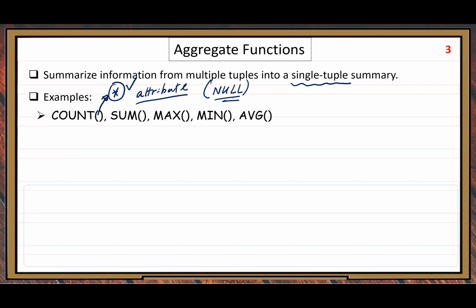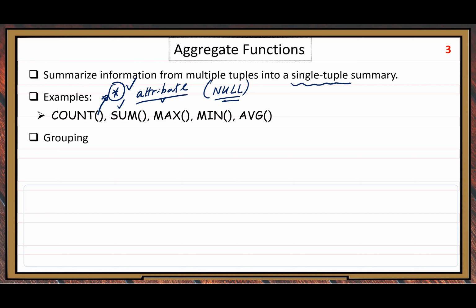Think about that, null value. The behavior of these two ways, the star way and the attribute way, treats the null value differently. We will understand that part through one example. We will see the difference. Okay, all right.